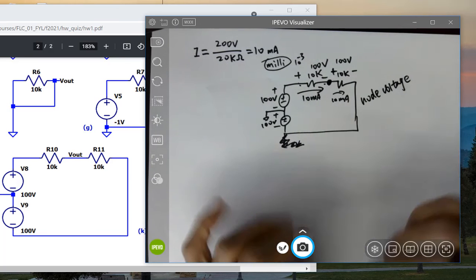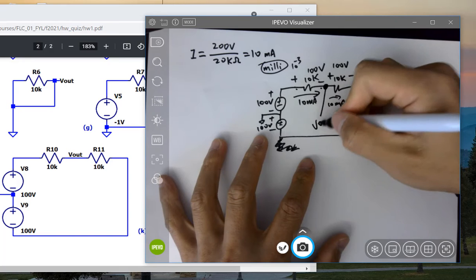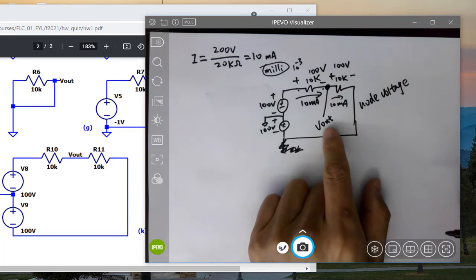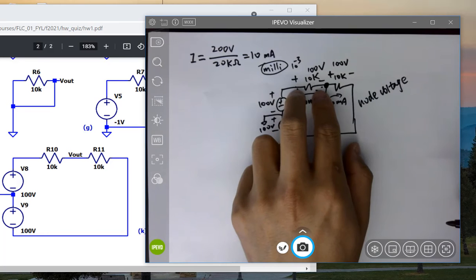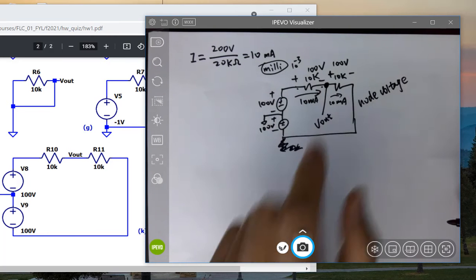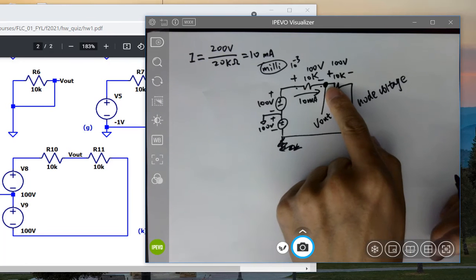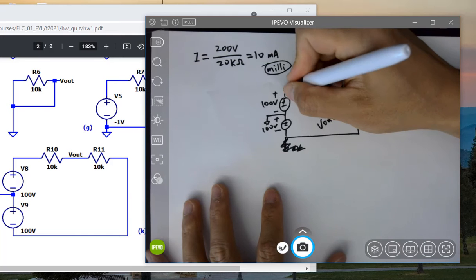It's a node voltage. So here's a question: what's the node voltage here, or what is V out? How to calculate it? We only know the voltage dropped across this resistor is 100 volts. But what's the voltage at this point? You have to start from somewhere, right? So what's the voltage at this point?